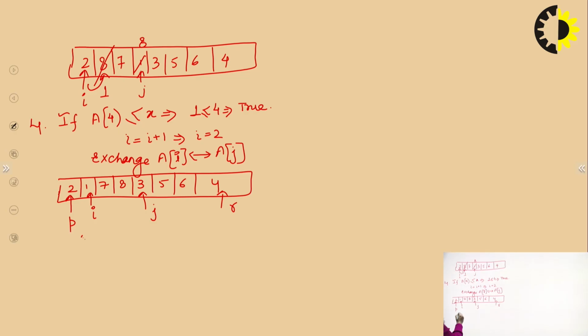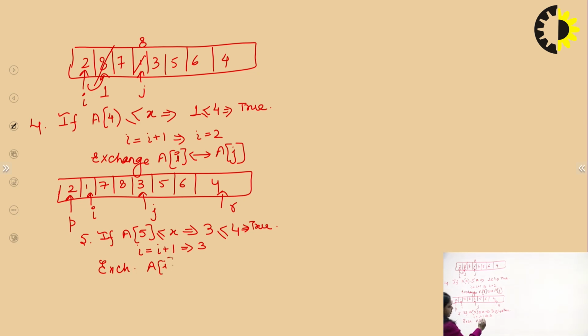Now on step number 5, we need to check if A5 is less than or equal to X. What is A5? That is 3. 3 is less than or equal to 4. Condition true. If the condition is true, then I equals I plus 1. Initially I is on 2, so it becomes 3. Then again exchange A I with A j.